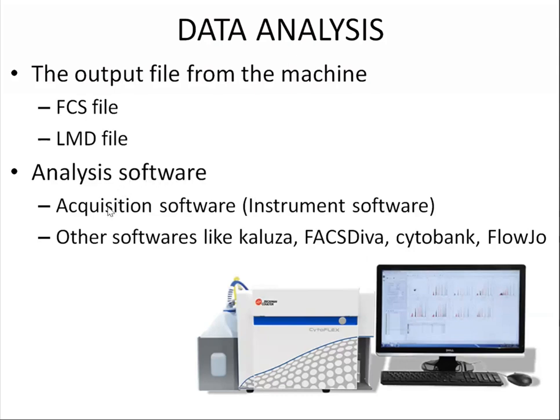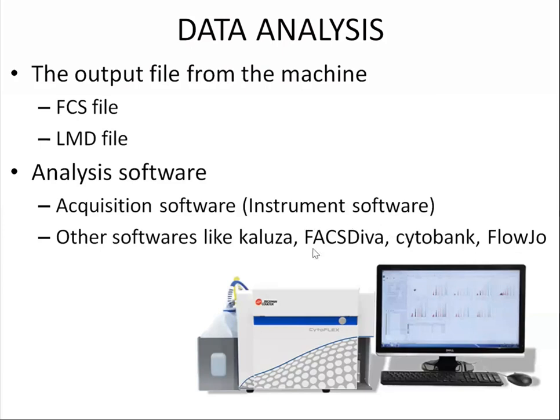So the advantage, when you compare the acquisition software and these software with respect to analysis, is that these software have extra features which make them more superior than the acquisition software. They have some added features which make them special.